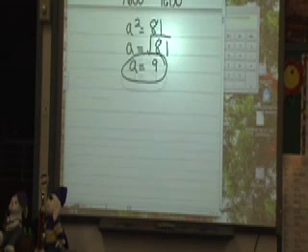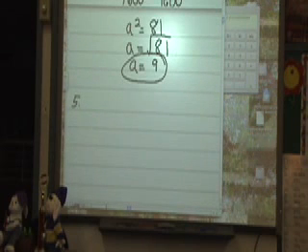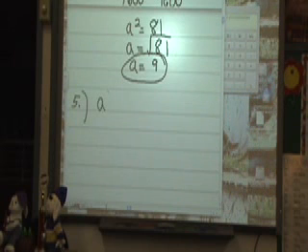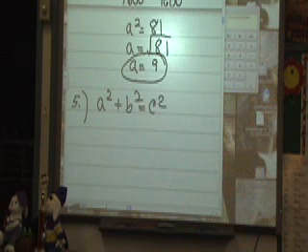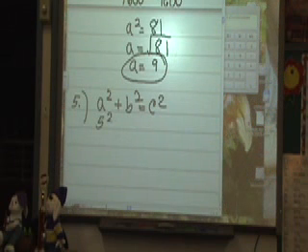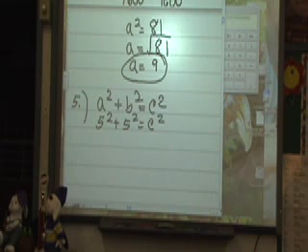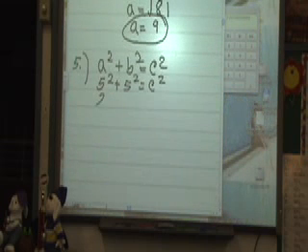Or the missing leg. Number 5, A squared plus B squared equals C squared. Margie, what are you going to use for A and B? 5 squared plus 5 squared equals C squared. Right, keep going. 25 plus 25 equals C squared.